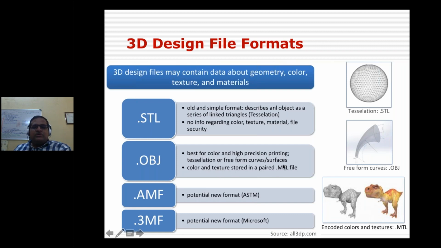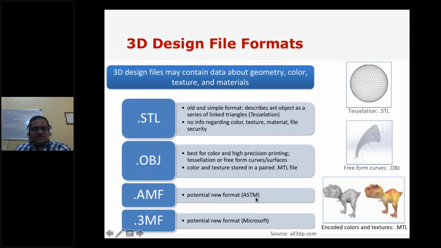And if you want to add some material, you have the .mtl format, which is a material library format. Apart from the color and texture, you can add the material also through .mtl. So this is where we can enhance your STL capabilities, either through OBJ or through AMF.